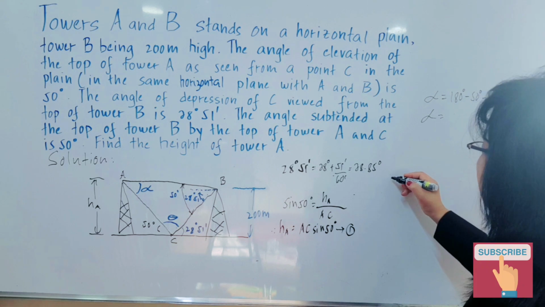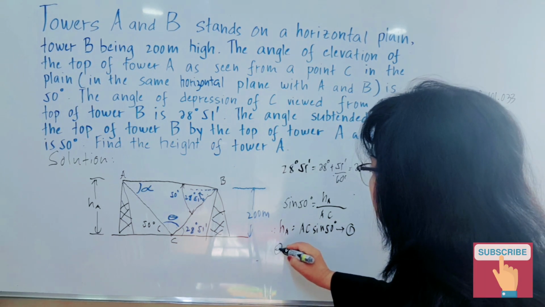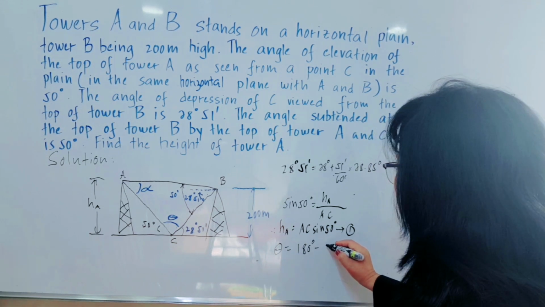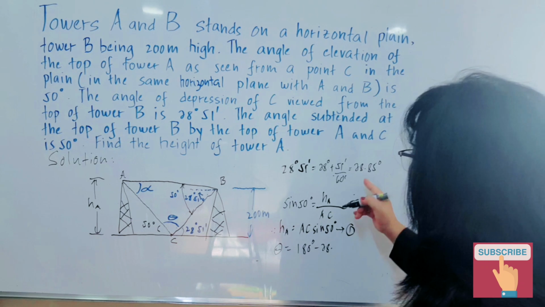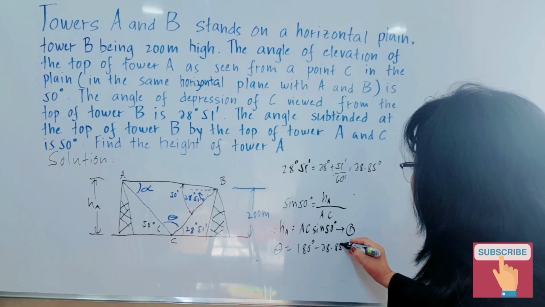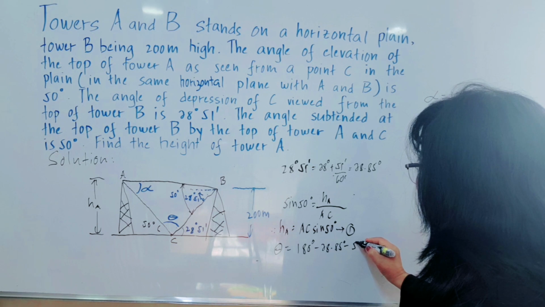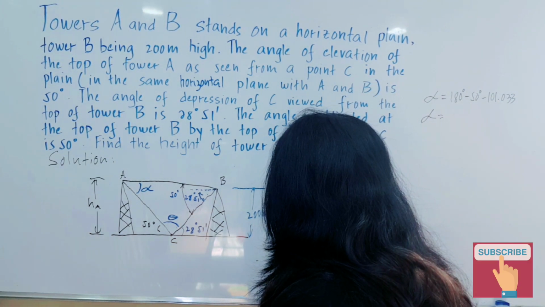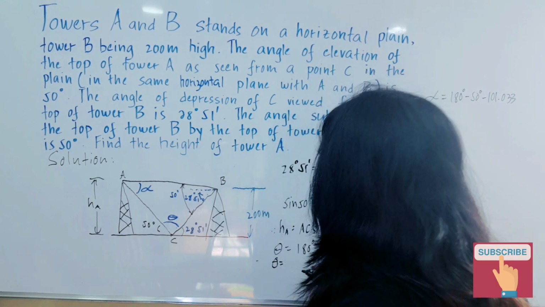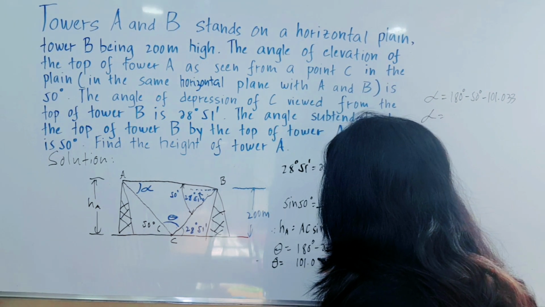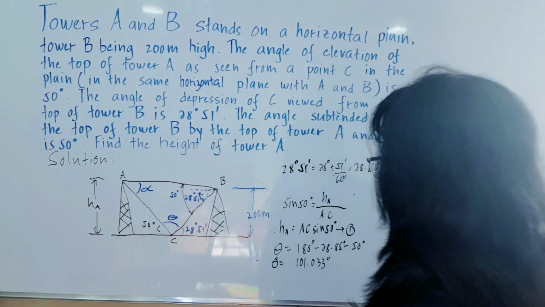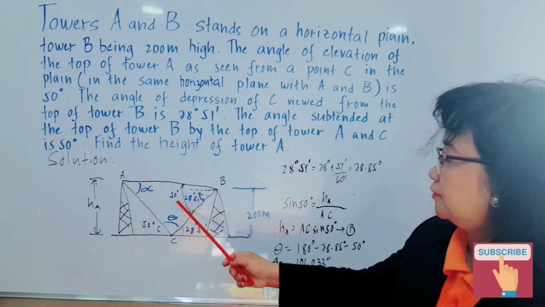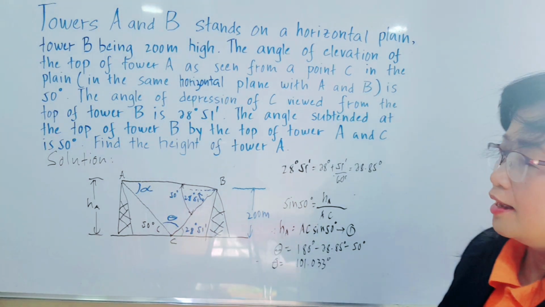Therefore, angle theta can be solved by subtracting 180 degrees minus 28.85 degrees minus 50 degrees. Theta therefore is equal to 101.033 degrees.